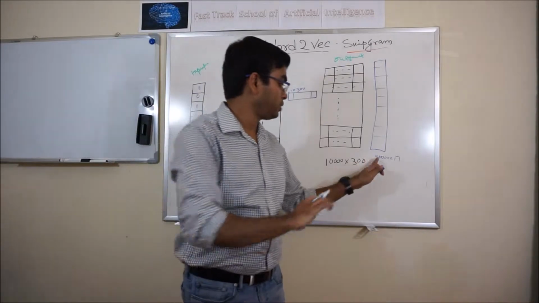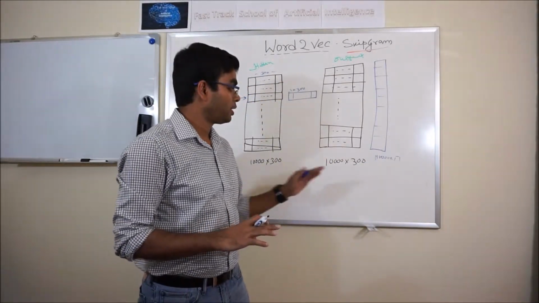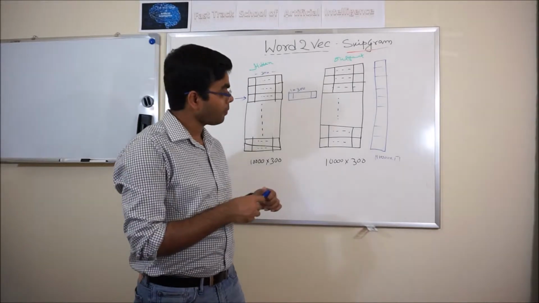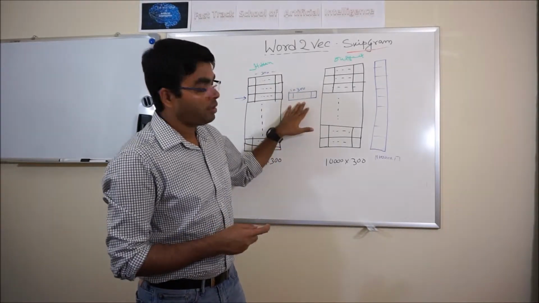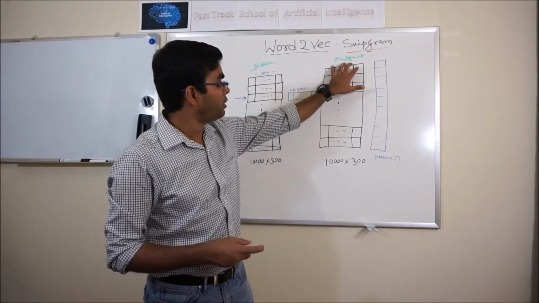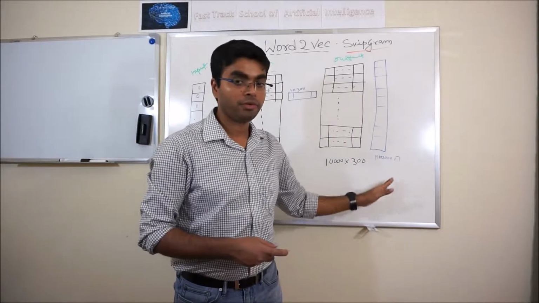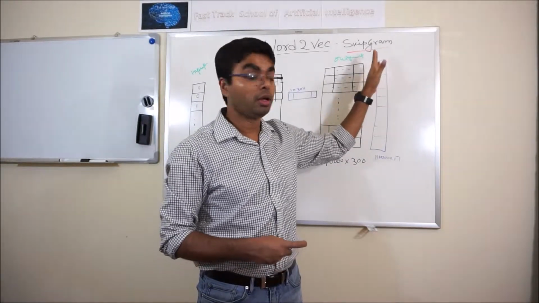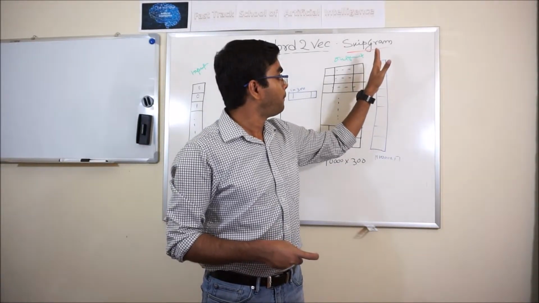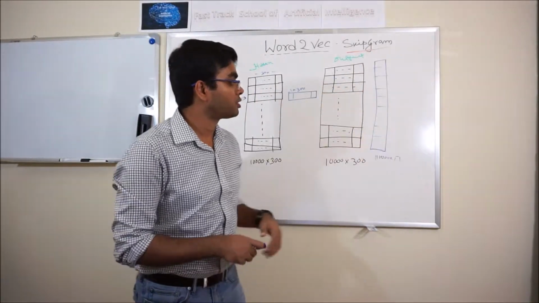I'm just keeping the matrix multiplication details aside for now. These 300 values are multiplied to each of these columns, and it will produce some values for each of those individual vocabulary words. And then we'll apply the softmax on top of it.